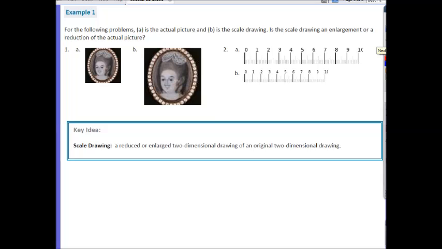For the following problems, A is the actual picture and B is the scale drawing. Is the scale drawing an enlargement or a reduction of the actual picture? If we take a look at number 1, you can see A is the original here and B is the scaled version, and it's much bigger than our original picture, so that tells us that this is an enlargement.